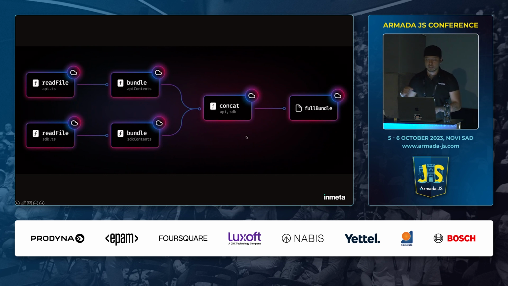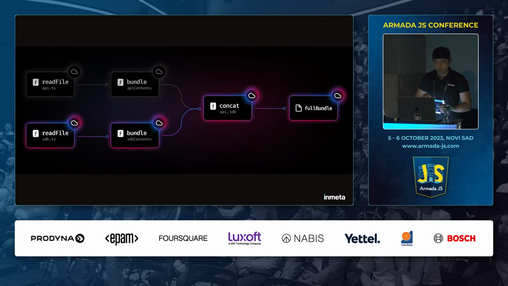However, Turbopack takes a different approach by keeping track of the inputs and outputs of each function. And during the first run, it reads, bundles, concatenates the files, and remembers all the outputs. But on subsequent runs, for example, if a specific file, such as this file here, sdk.ts, as you can see here, is modified, Turbopack only needs to redo the steps related to this file.